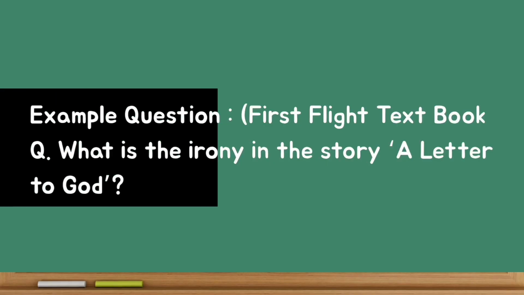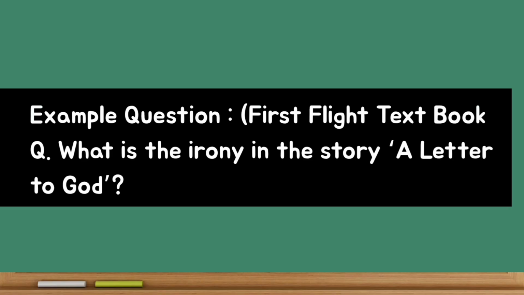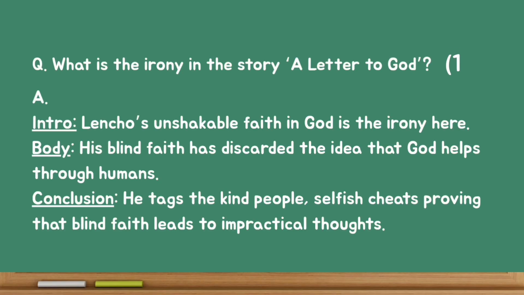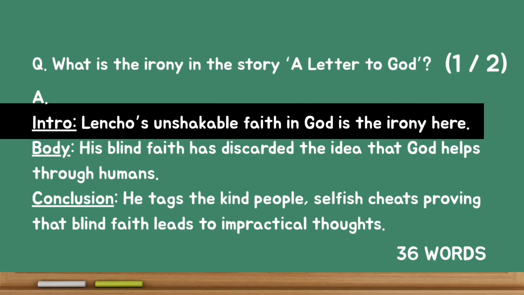To understand this structure, let's take the question I mentioned previously. What is the irony in the story A Letter to God? If this question is asked to you as a 1 or 2 marks question, the word limit will be 30 to 40 words. So first we will write the introduction, that is, Lencho's unshakable faith in God is the irony here.